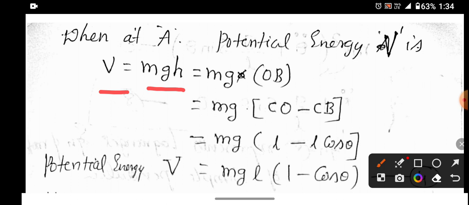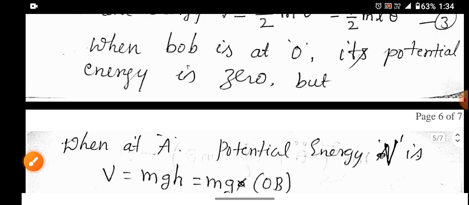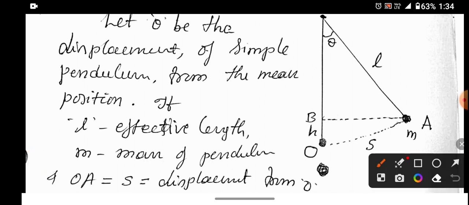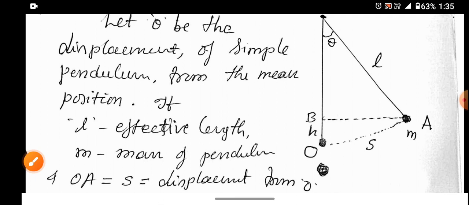H is the height, so that is m into g. H is nothing but OB in the pendulum. See here, this is the height. When the bob turns to A, you take the perpendicular distance, this OB is the height. Such height is covered when compared to its mean position.